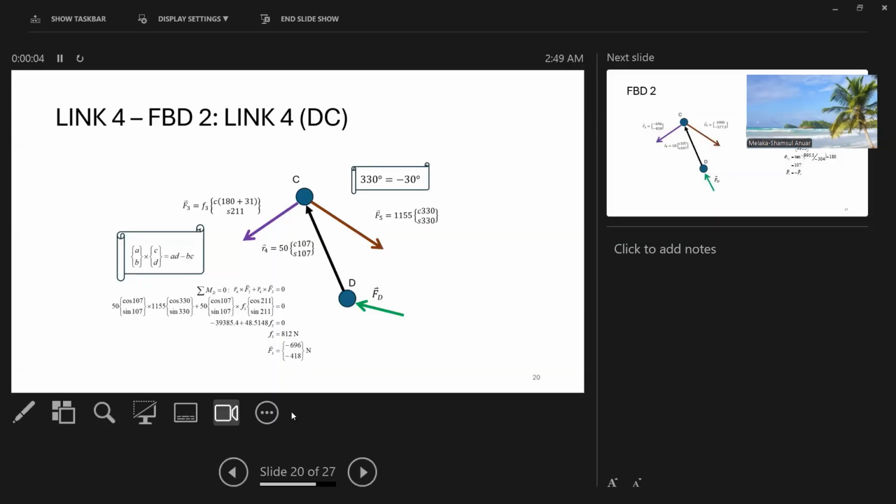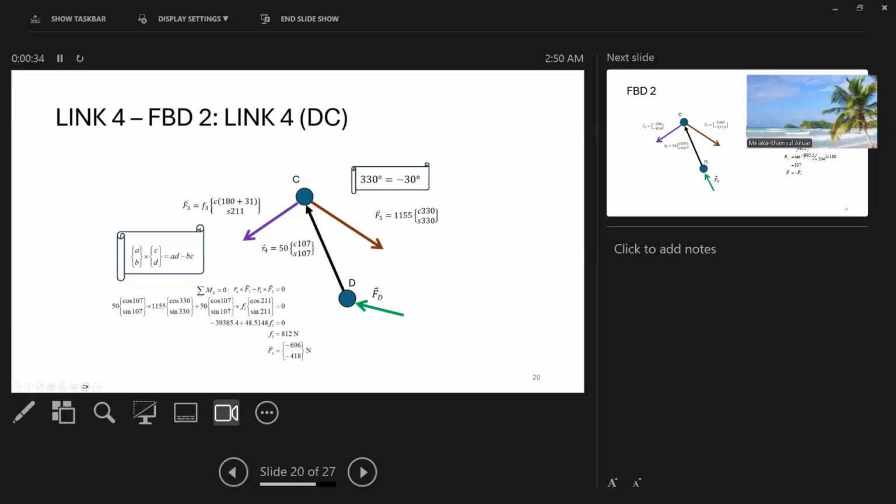So here we do some calculation. You can do it the way you are used to in statics, or you can use this method, which utilizes the two-dimensional cross product, and it comes out that F3 is 812.